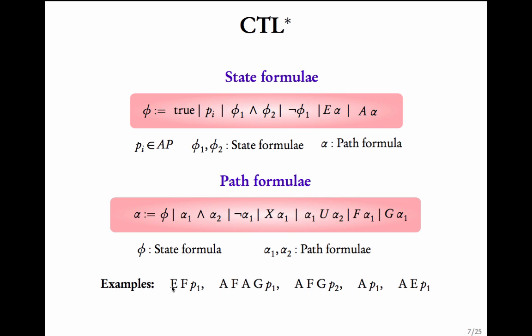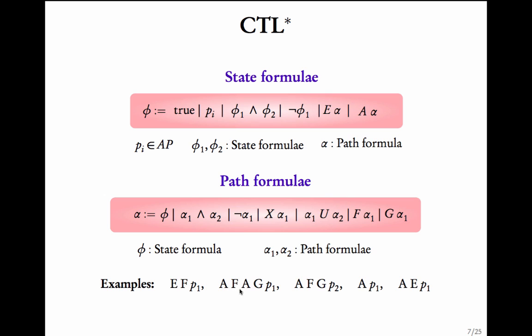EFP1 is a valid state formula because it is of the form E of alpha, where alpha is F of some alpha 1. Alpha 1 could be phi and phi could be p1. That is how you get EFP1.